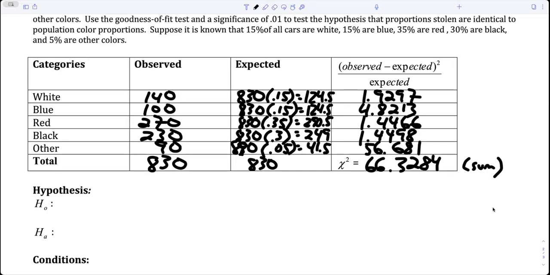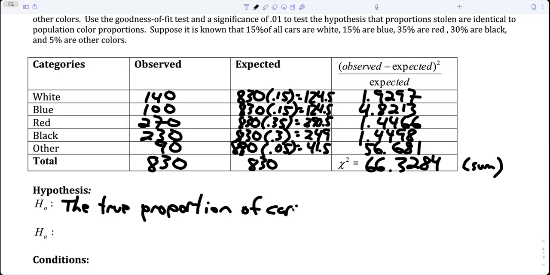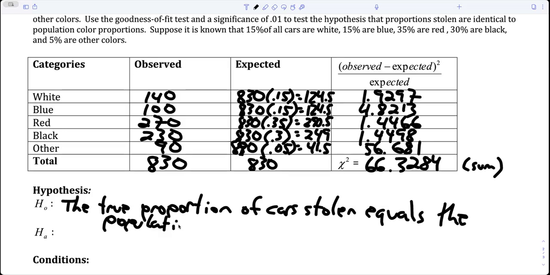And so the null hypothesis is the true proportion of cars stolen equals the population color proportion. So that's my null hypothesis.